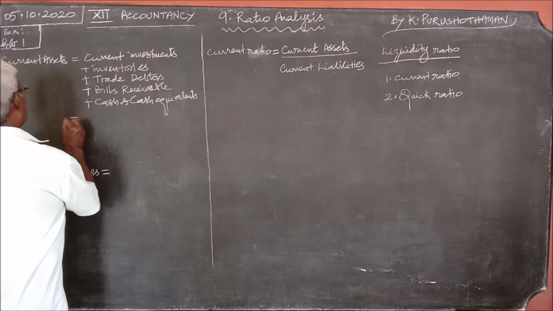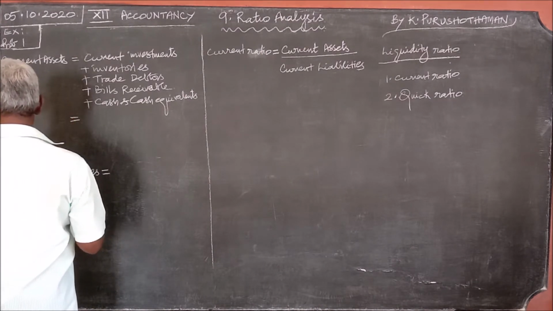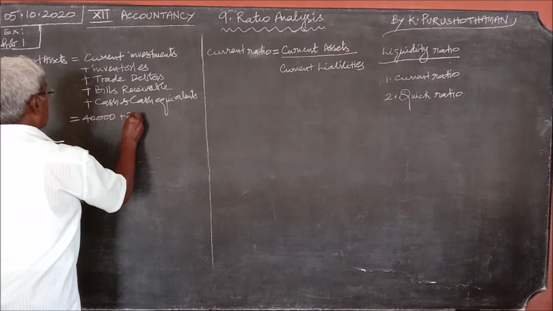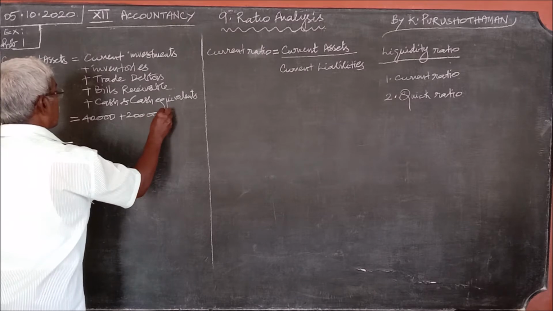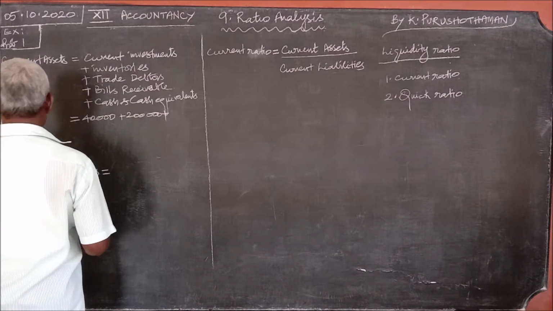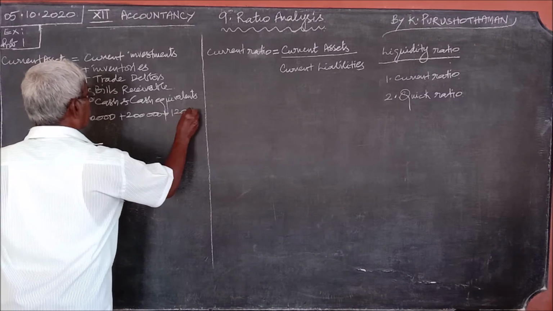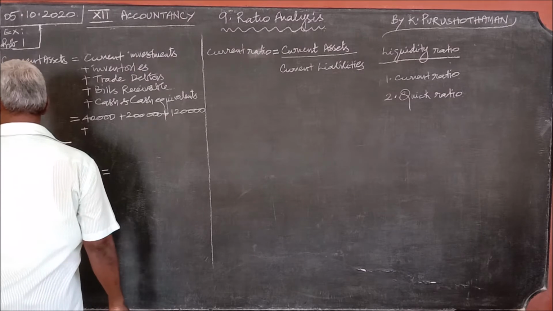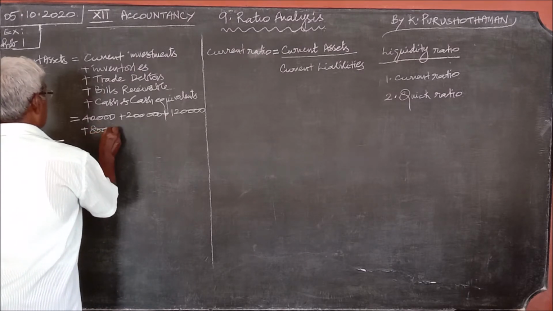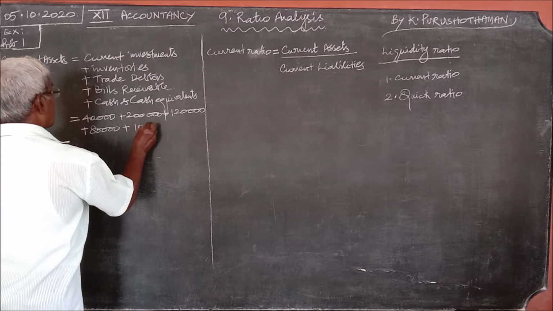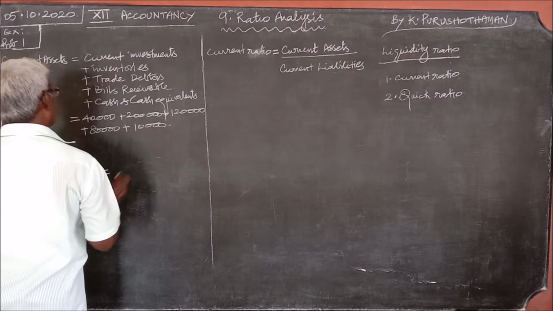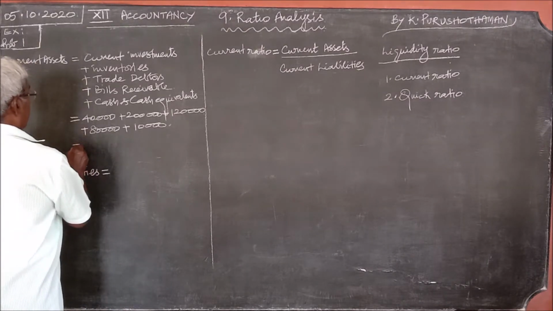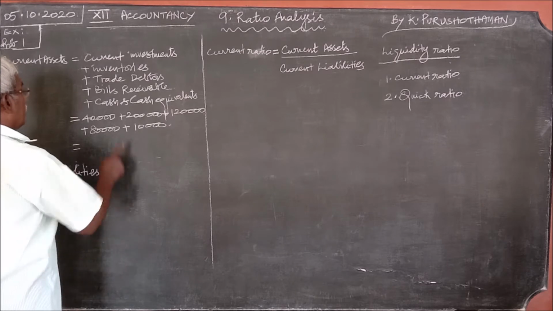This is equal to, write down 40,000 plus 2 lakhs plus 1,20,000 plus 80,000 plus 10,000 plus 80,000 plus 10,000. Now you can find the total, add and write.